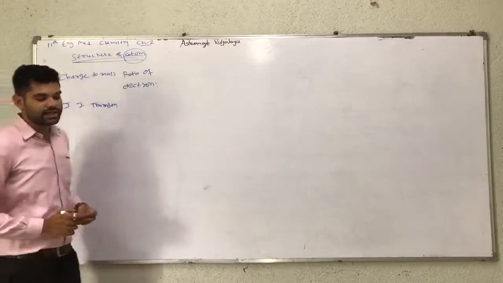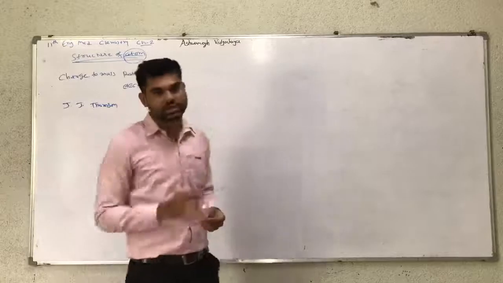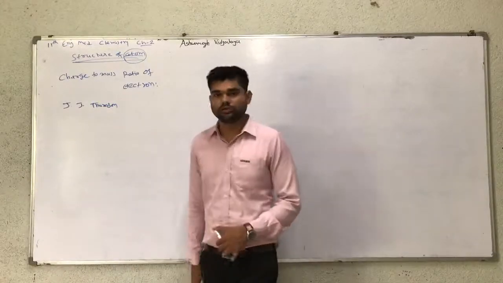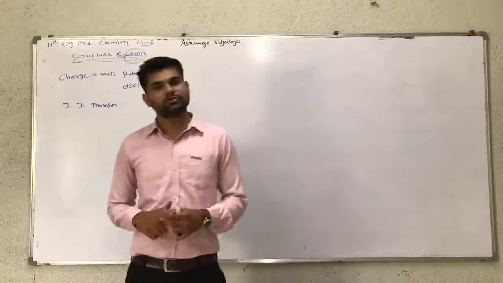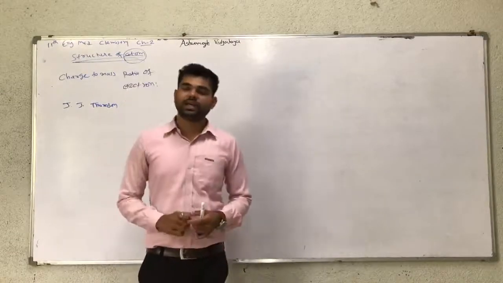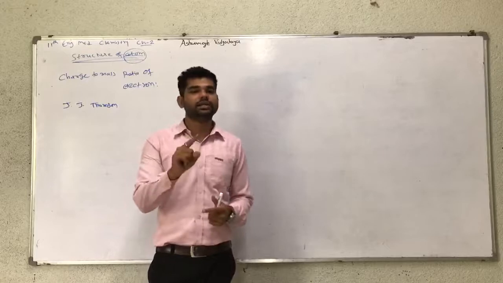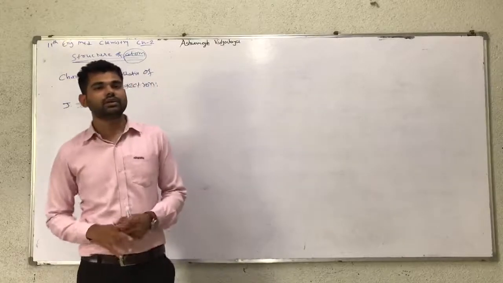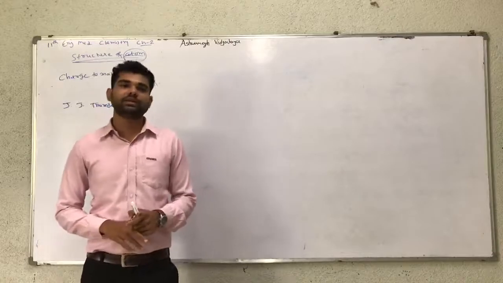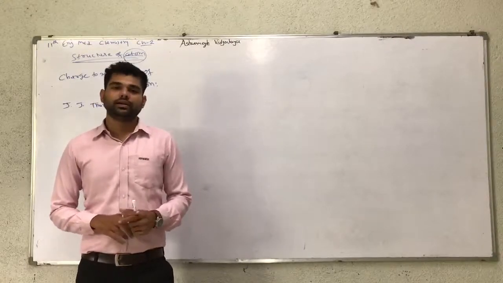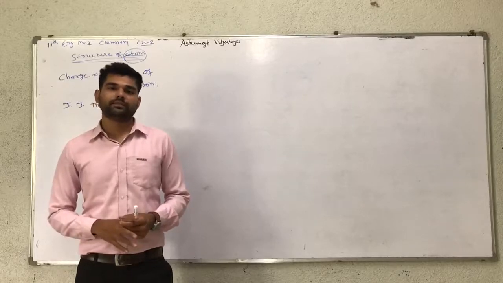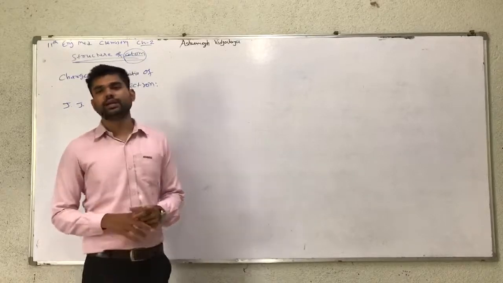J.J. Thomson started his experiment by using a postulate from the discovery of electron. Michael Faraday said that electrons travel in a straight line, but when a magnetic field or electric field is applied to this tube, the ray, that means the cathode ray, is deviated.